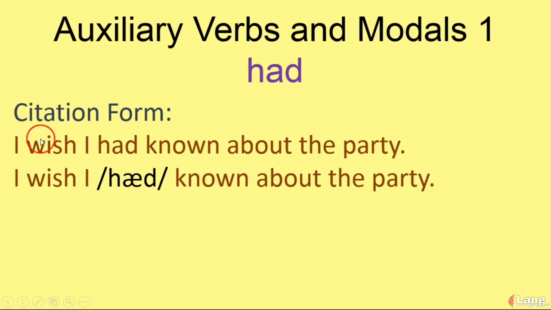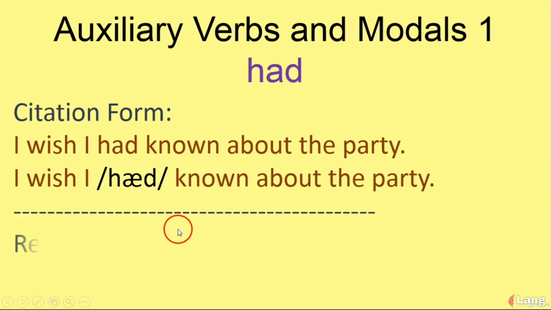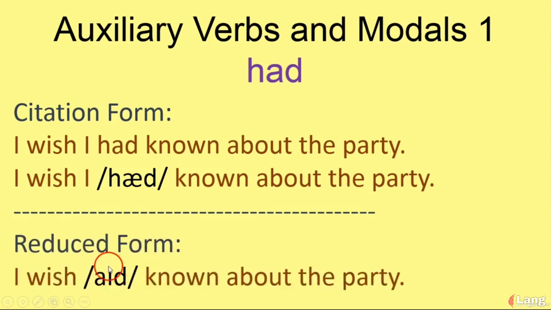The word had, we have the letter H, and then this symbol in IPA for A and the letter D. D. I wish I had known about the party. In reduced form, we drop the sound of the H, and combined with I, we would just say I'd.